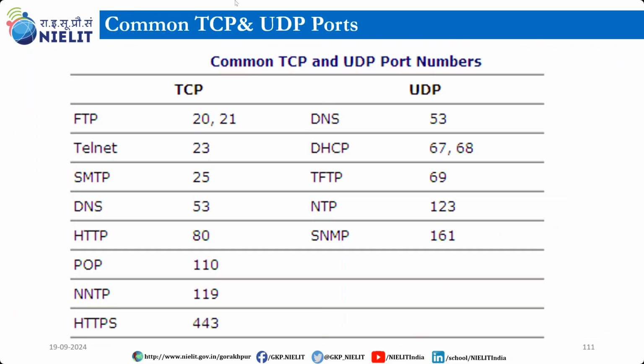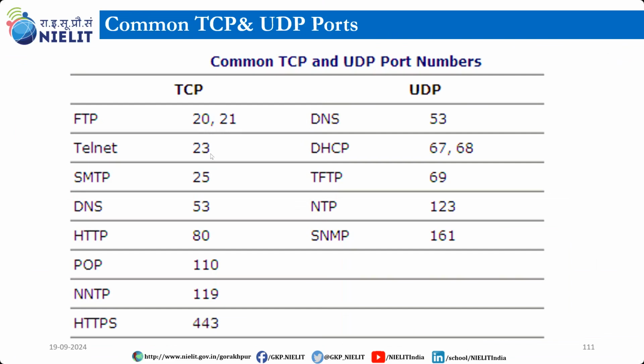So these are the list of some TCP and UDP ports. For example, FTP, File Transfer Protocol, uses TCP port number 20 and 21. So there are two ports used by the FTP protocol: 21 for making connection for sending the control signal, and 20 for transferring of data in FTP.